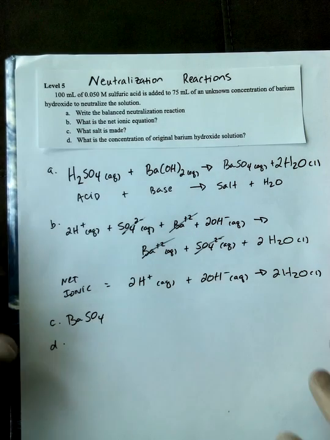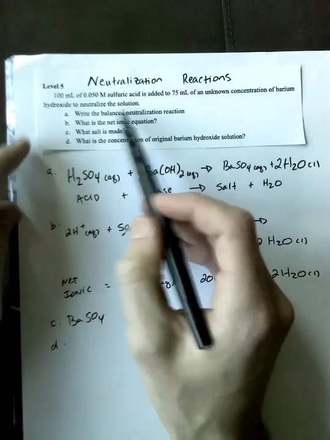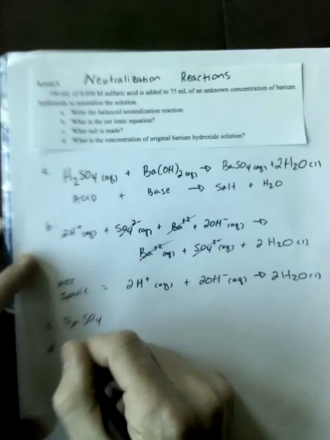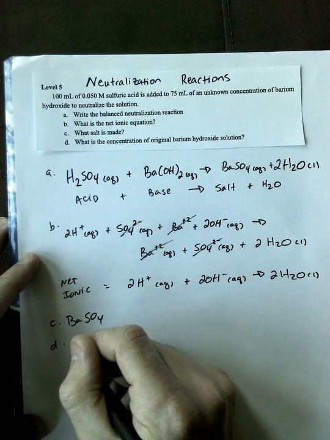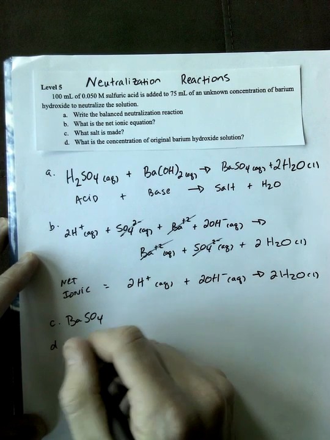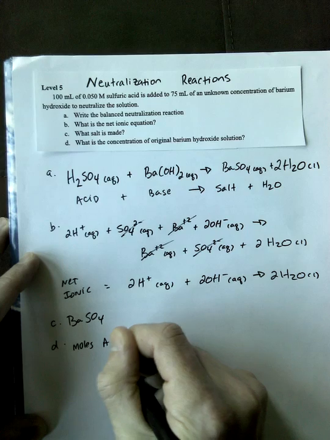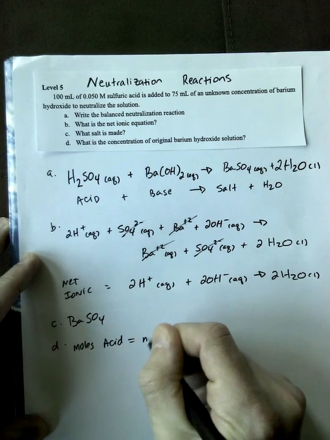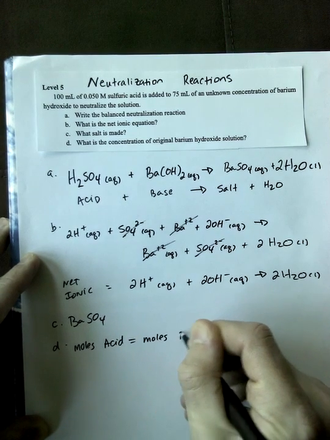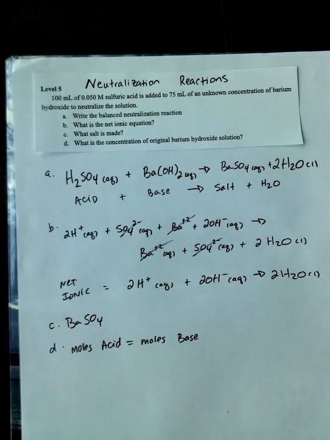Here's the one big idea that you need to know from this. It says when you mix these 2 volumes together, it neutralizes the solution. So at the neutralization point, or when you neutralize an acid with a base, what we have to understand is that the moles of acid equal moles of base. That's the concept that you really need to know in order to answer this.